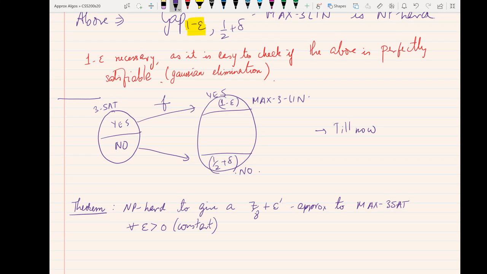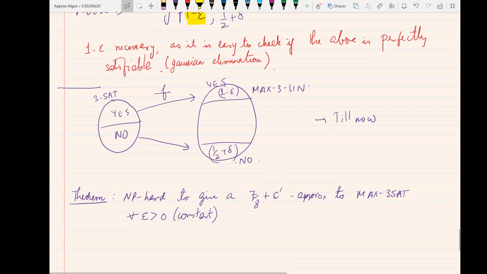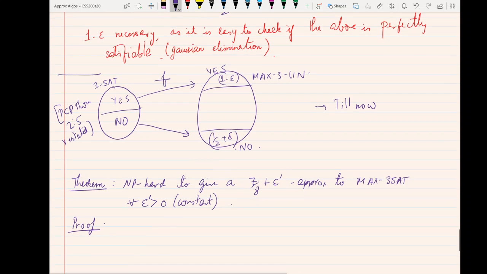And this holds for any epsilon greater than 0, which is a constant, epsilon prime. Now what we are going to do for this is use the Max 3-Lin gap that I've seen above, which is nothing but PCP theorem 2.5 restated. And the crucial fact over here is the predicate that is used, that is Max 3-Lin, which is the XOR of 3 bits.